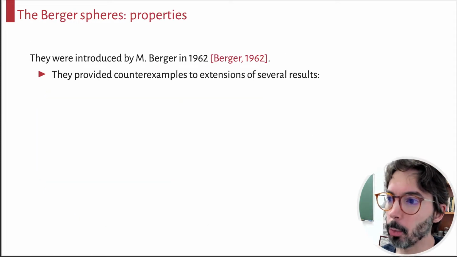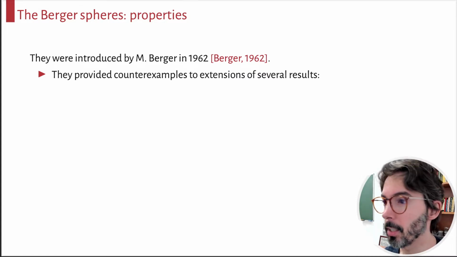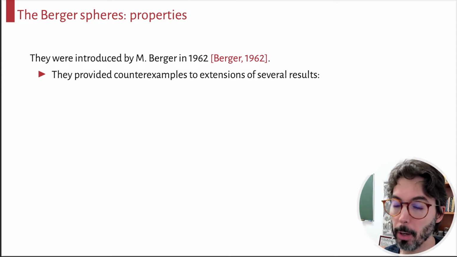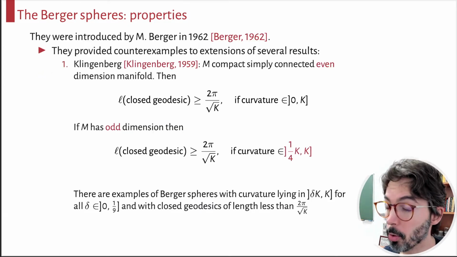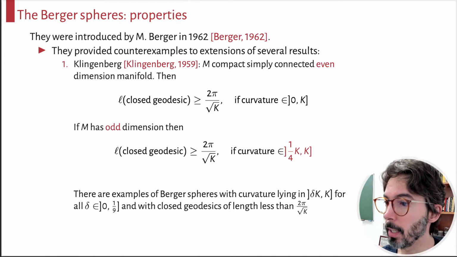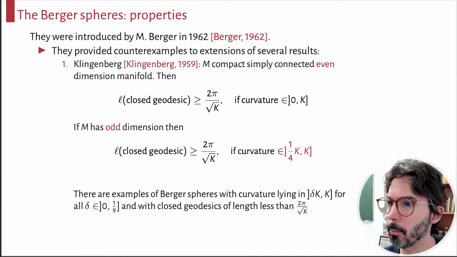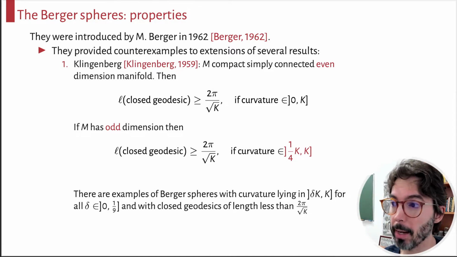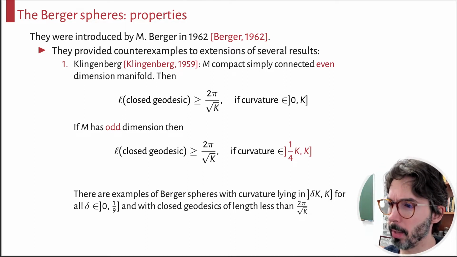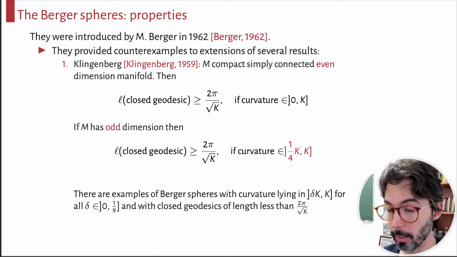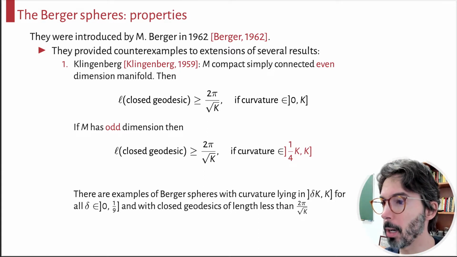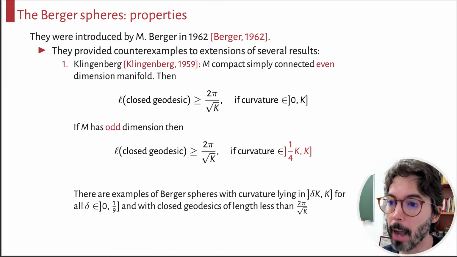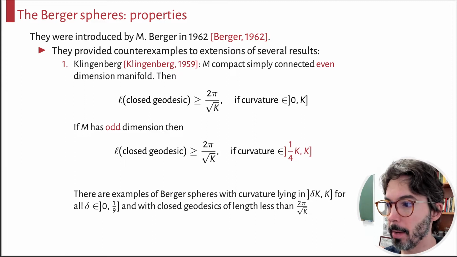These manifolds were introduced by Marcel Berger in '62, and they provide counterexamples to extensions of several results. I will mention some of them. So first, at the end of the 50s, Klingenberg showed that for a compact even-dimensional manifold, the length of a closed geodesic is always bigger or equal than 2 pi over the square root of k if the curvature is positive and bounded above by this constant k.